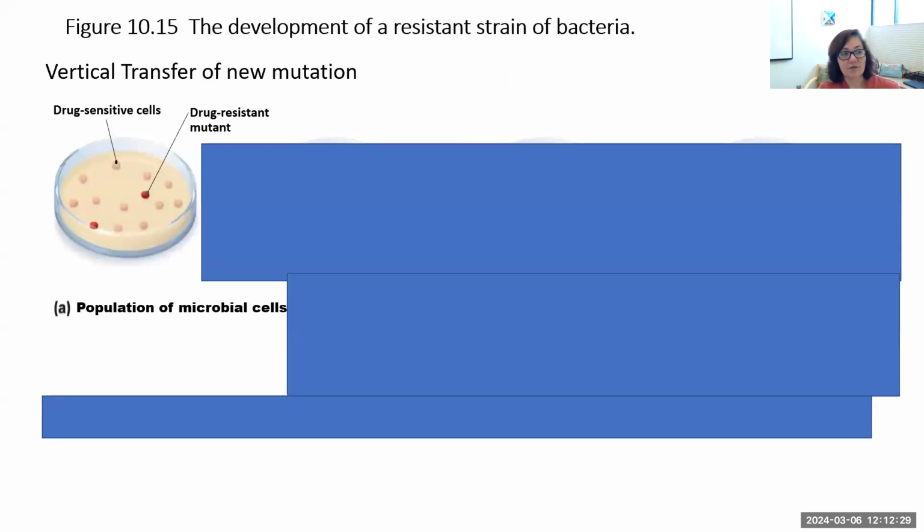So first, let's cover vertical transfer of information. Here in this Petri dish, we inoculated the dish, and there is a drug in the agar. Some of these cells are sensitive to this drug, and so they're not going to survive.